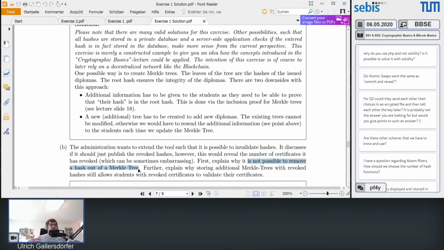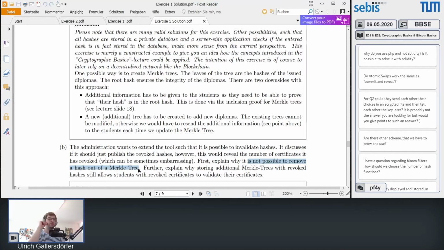In theory, it is possible because you can recalculate the Merkle tree and republish it, but this is not good. Why? Because if you would remove a hash of a Merkle tree, then all the information which has been sent out to the other students, their proof of membership information, would become invalid.